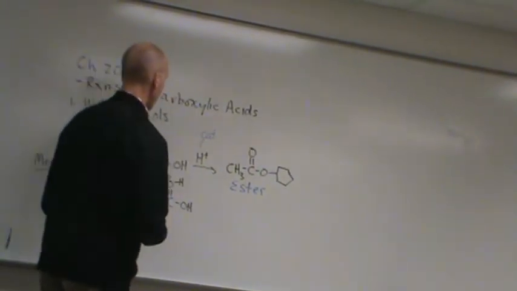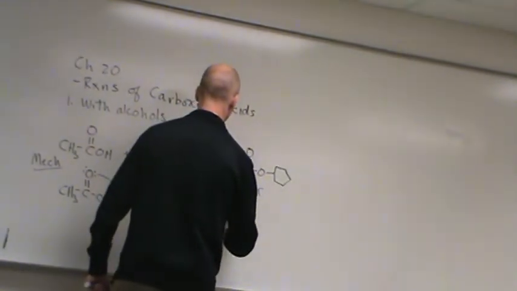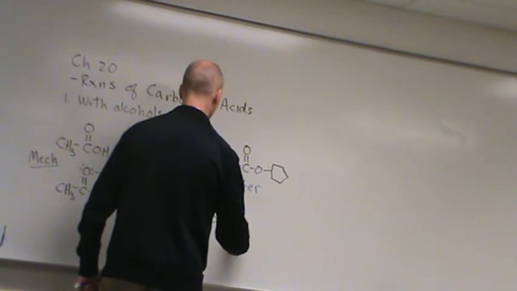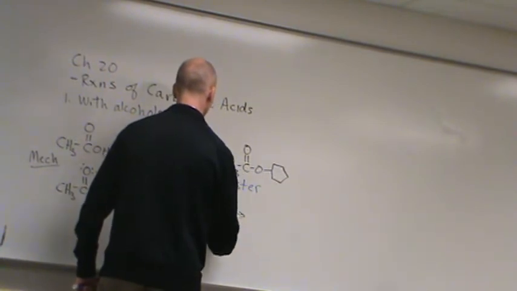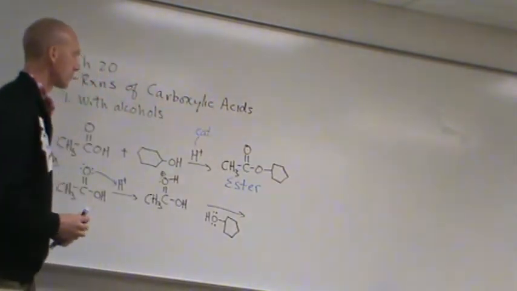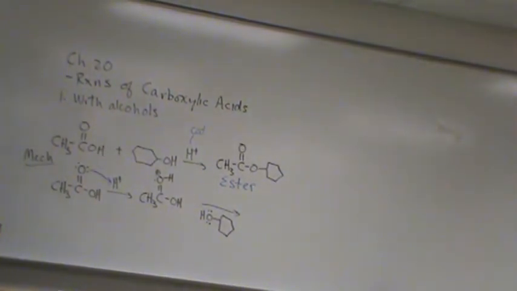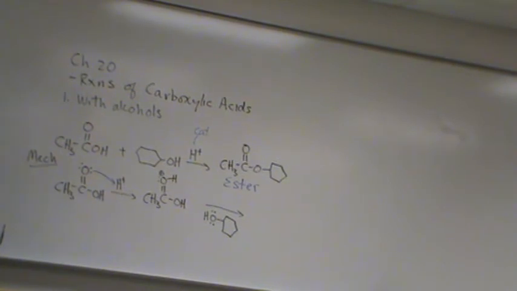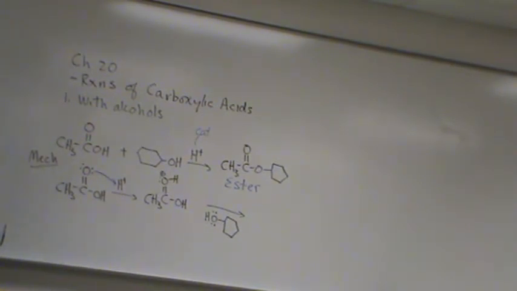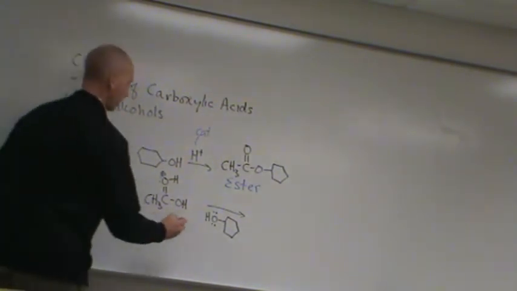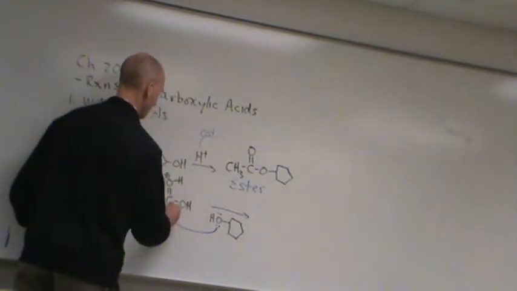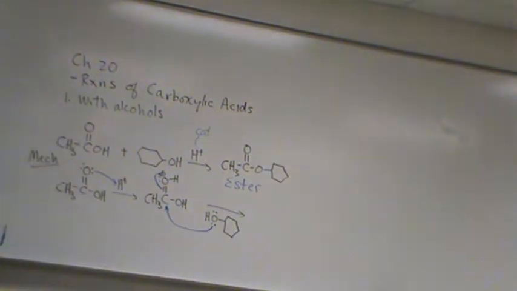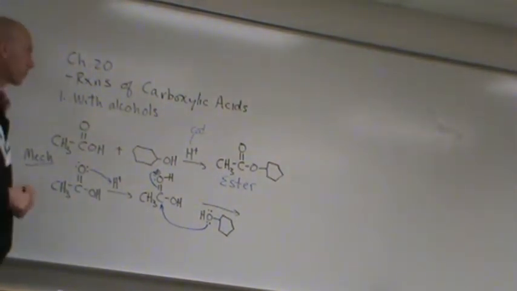So that in the next step, when we bring in the alcohol, note it's just regular cyclohexanol, it's not a benzene ring. Where do you think the oxygen's going to attack here? At the carbonyl carbon. Just the same old chemistry that we've been doing.